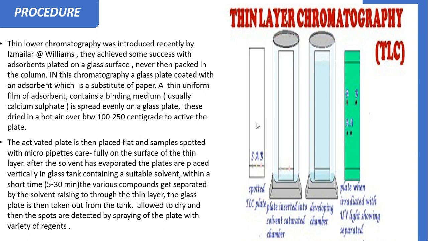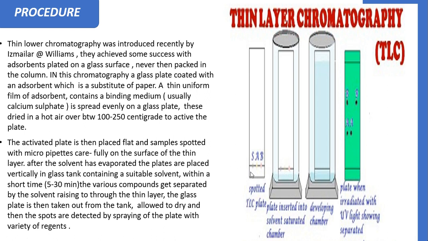These plates are dried in a hot air oven between 100 and 250 degrees centigrade to activate the plate. Now this activated plate is placed on a flat surface and the samples are spotted on it, then dried for some time.